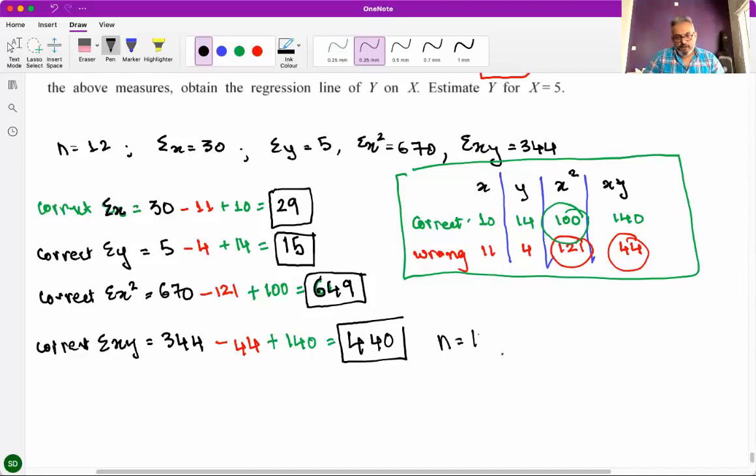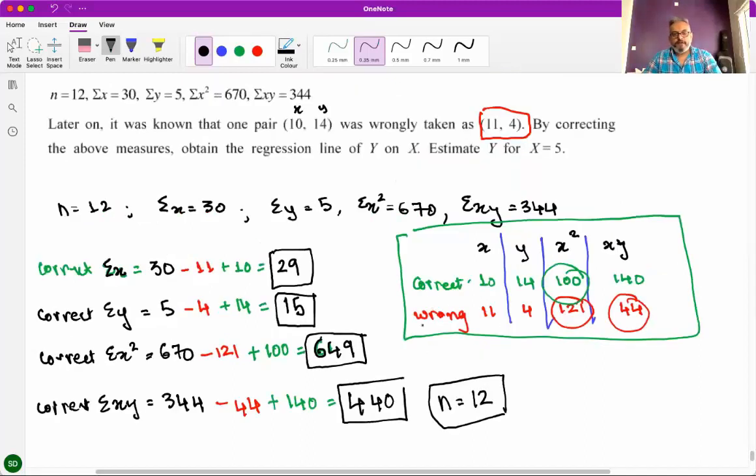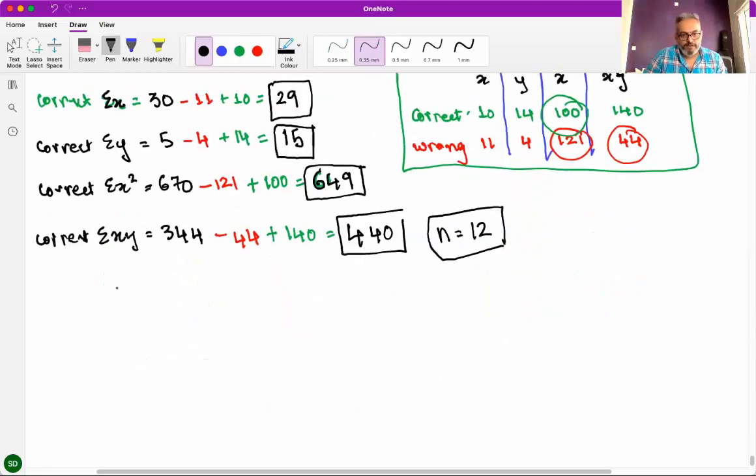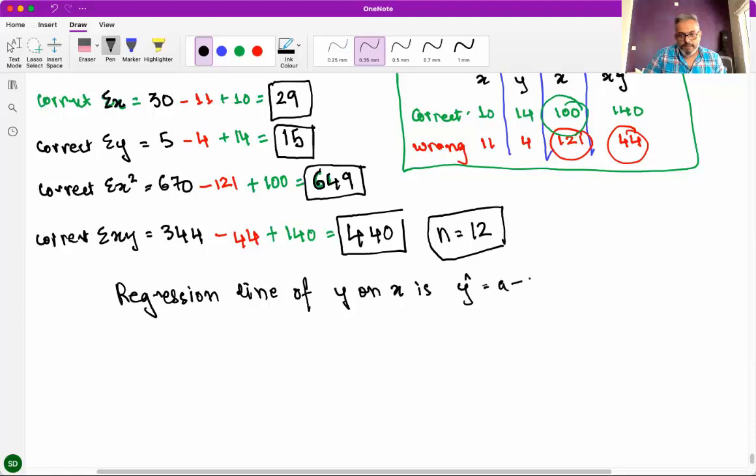N is equal to 12. Now we have to find regression line of y on x. So regression line of y on x is y cap is equal to a plus bx.